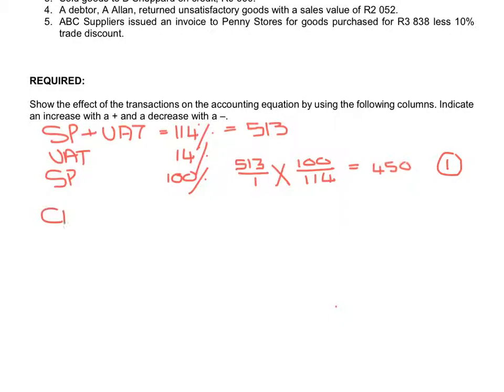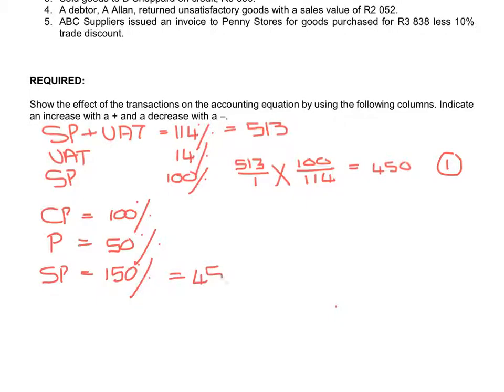The cost price equals 100%. The profit equals 50%. And the sales price equals 150%. The sales price equals 450 Rand.